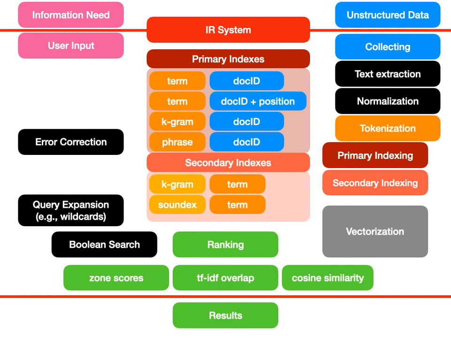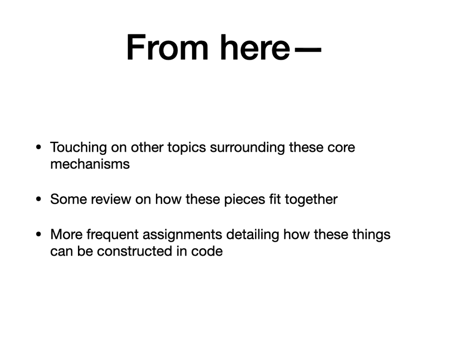Okay, so what does that mean for the rest of the course? Well, from here, we're going to touch on some other topics surrounding all these core mechanisms, some things that we haven't really discussed before, maybe some broader things about how the fuller internet works, some human interest stories I have queued up for you. We have just crossed the finish line of the core mechanical things that I want you to really get in full.